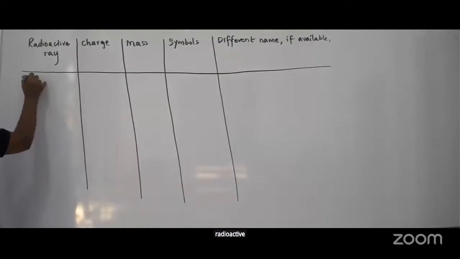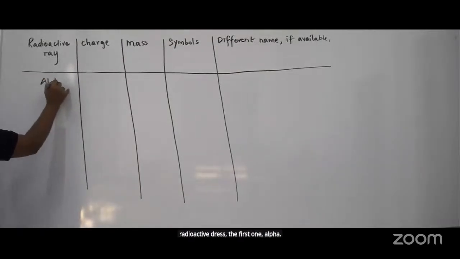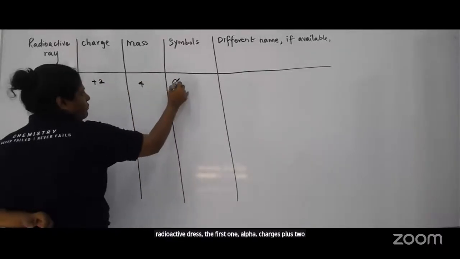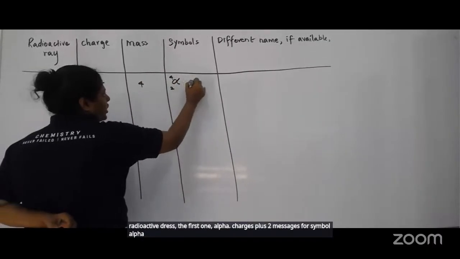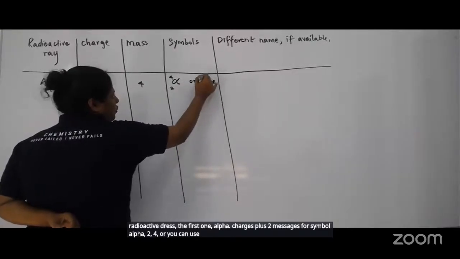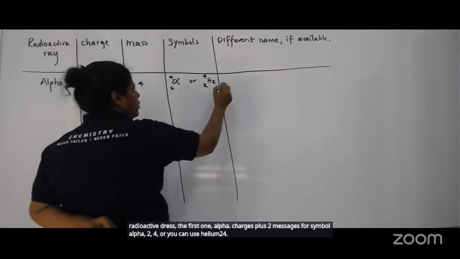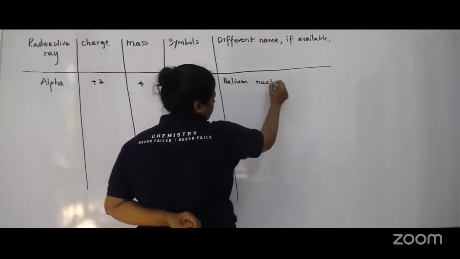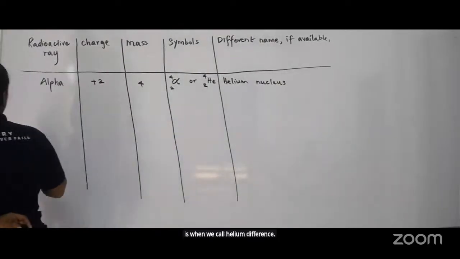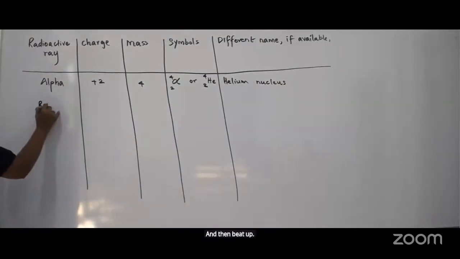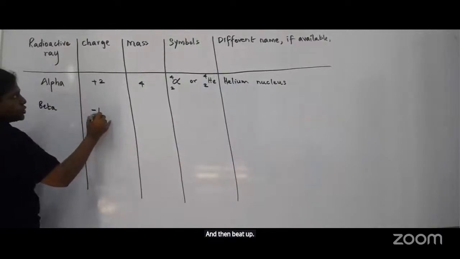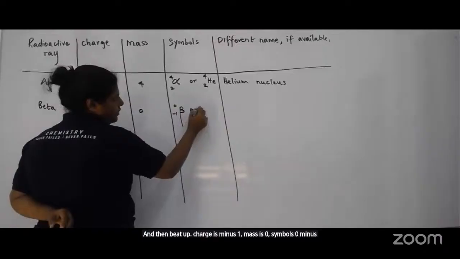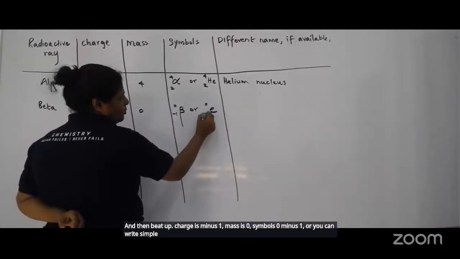Radioactive rays, the first one alpha. Charge is +2, mass is 4, single alpha 2, 4, or you can use helium 2, 4. This one we call helium nucleus. And then beta: charge is -1, mass is 0, simply 0, -1, or you can write e 0, -1.